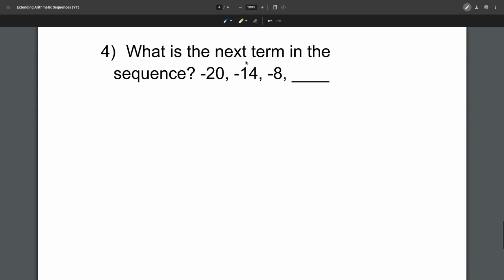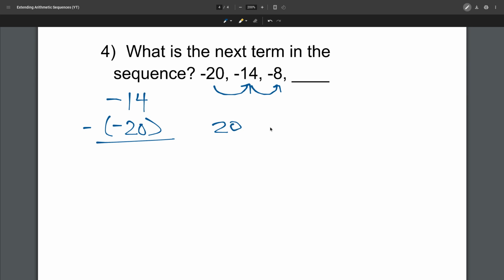All right, so what is the next term in the sequence? We go from negative 20 to negative 14 to negative 8. So let's do negative 14, and we'll take away negative 20. Okay, so a little trick here. Maybe I'm not explaining this well.